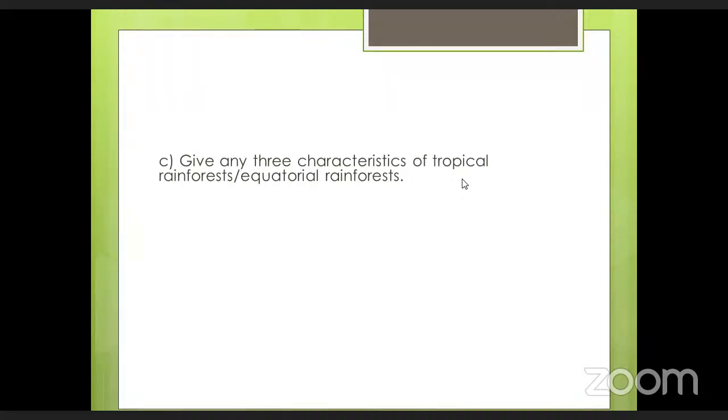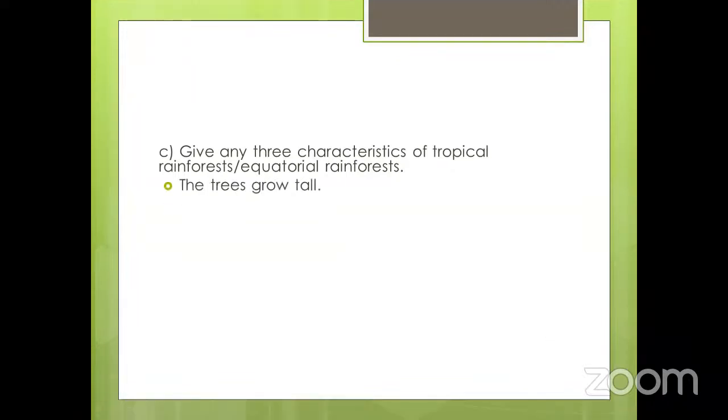Okay. So the characteristics are there. The first one is there.